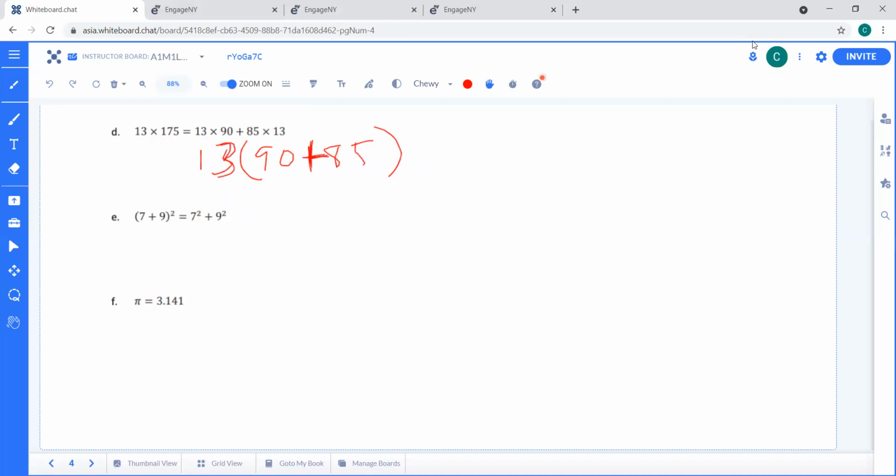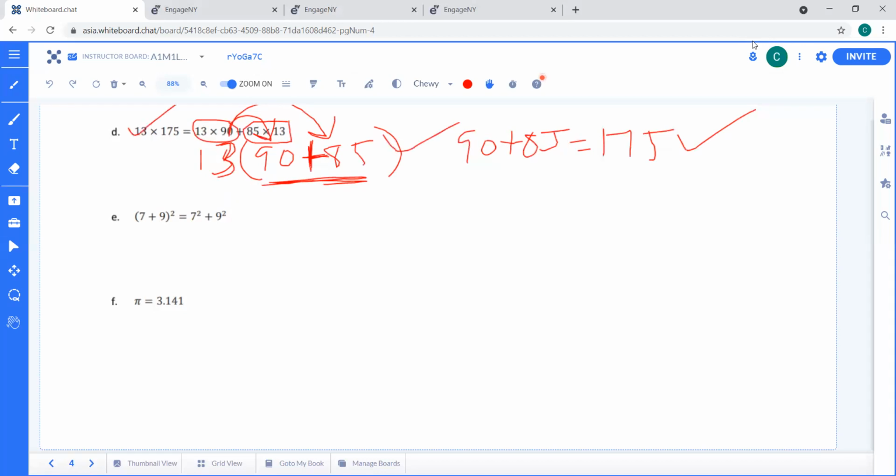It's the same thing, because when we do distributive property, remember, we do it times both of them, which is 13 times 90 plus 13 times 85. I need to see if this is equal to 175, and it is 175. So yes, this is a true statement.